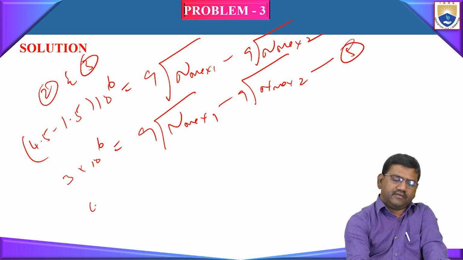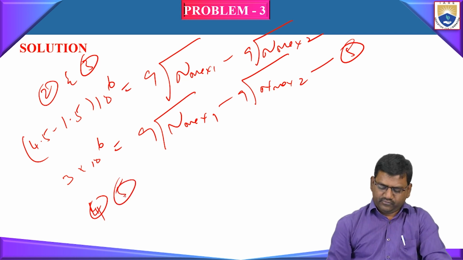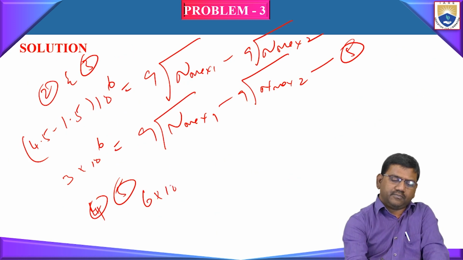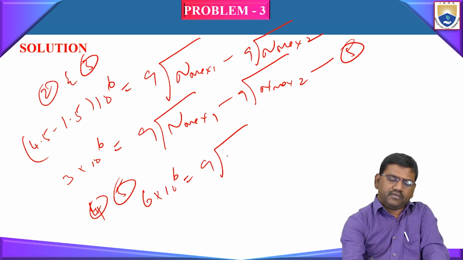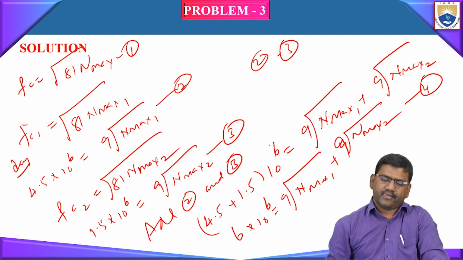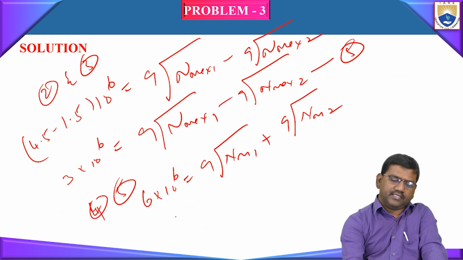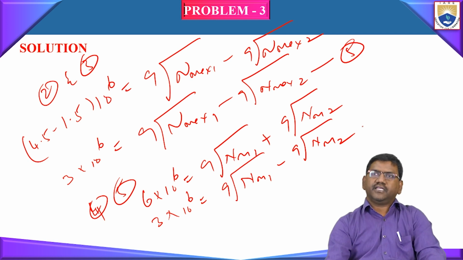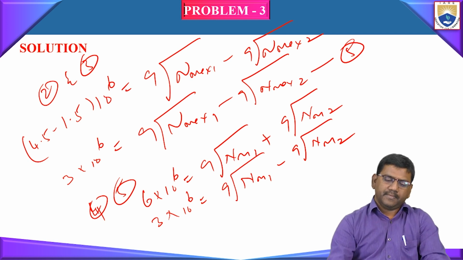So let us add 4 and 5 here. What is the fourth equation here? This is 6 into 10 power 6 is equal to 9 root nm1 plus 9 root nm2, that is plus here for equation 4. And this is 3 into 10 power 6 is equal to 9 root nm1 minus 9 root nm2. So nm1 and nm2 stand for n max 1 and n max 2.